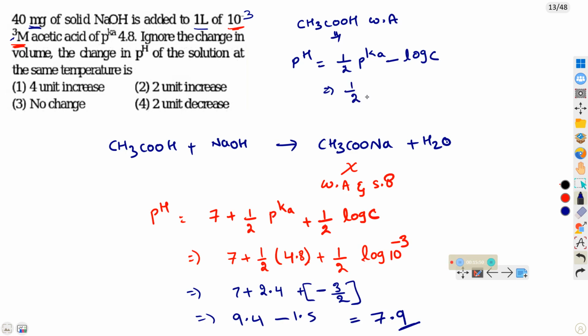1 by 2 into what is the pKa value? 4.8 minus log of 10 power minus 3. 2.4 plus 3.